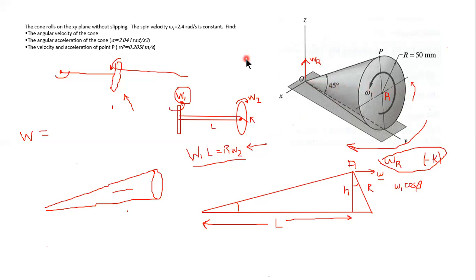Yes, that's what omega 1 is. Do you want to repeat that? Yeah. Omega 1 would be the magnitude of 2.4 radians per second times the cosine of 22.5 in the J hat plus the sine of 22.5 in the K hat.